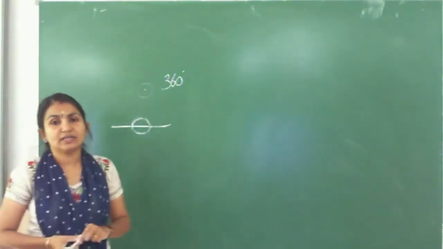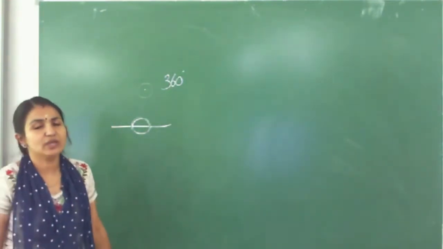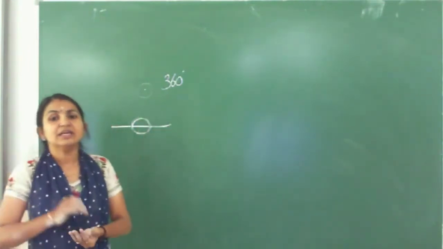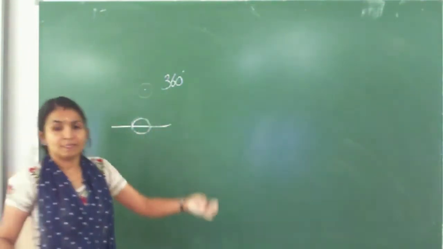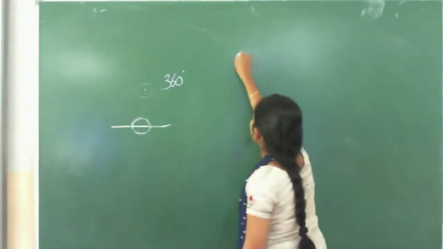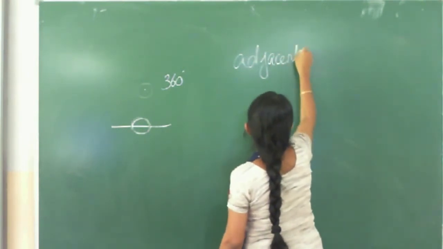And the next one is adjacent angles. Different types of angles we are studying. Normally there are 5 types of angles. In that, the other one is coming as adjacent angles. What are adjacent angles?